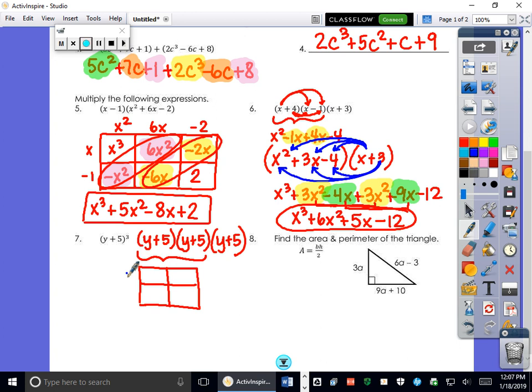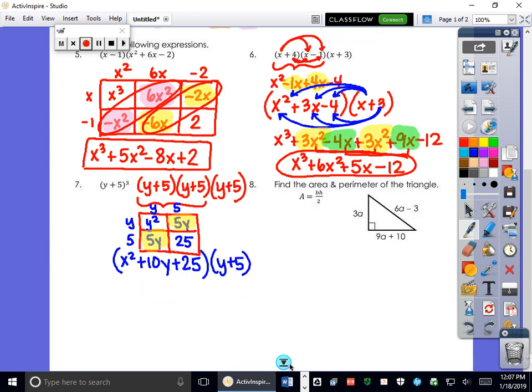So I'm going to do y plus 5 times y plus 5, which is going to give me y squared, 5y, 5y, and 25. When I put together my like terms, which are these two, I'll end up getting y squared plus 10y plus 25. Now that still has to be multiplied by the y plus 5 that's over here.